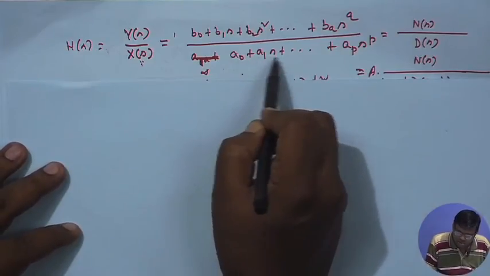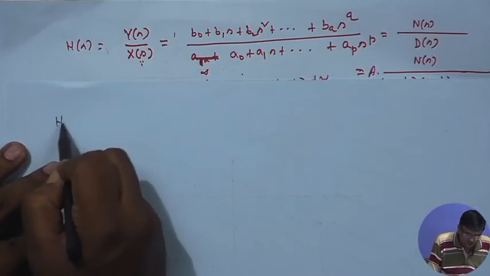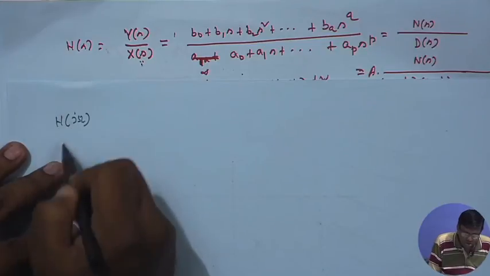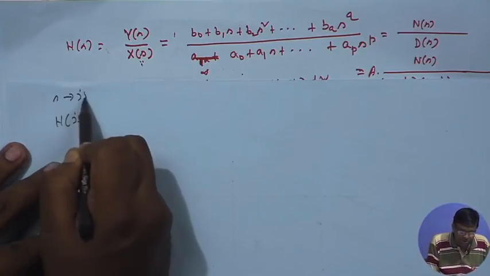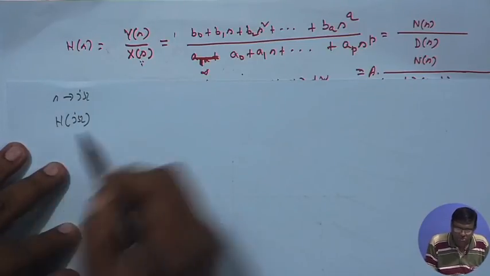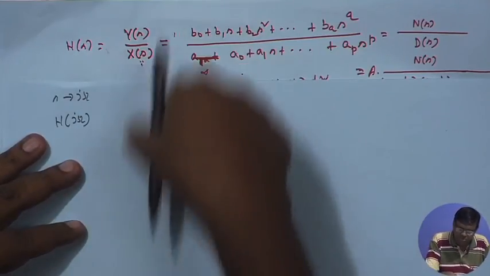Other considerations are these. Another consideration is what will be the frequency response. Frequency response means S will be replaced by j capital omega, that is, sigma is 0, which means in the S plane I am on the j omega axis, for which sigma is 0.